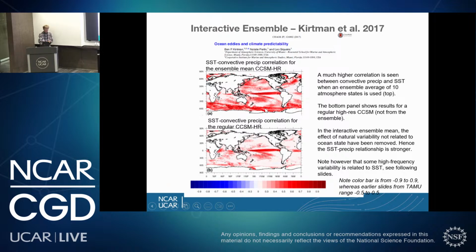Is it some kind of linear, steady response to warm SST, or is it actually the storms being somehow maybe anchored or fixed to the SST, so that when you take the ensemble mean, you still see the effect of the storms. So that's kind of an interesting question.